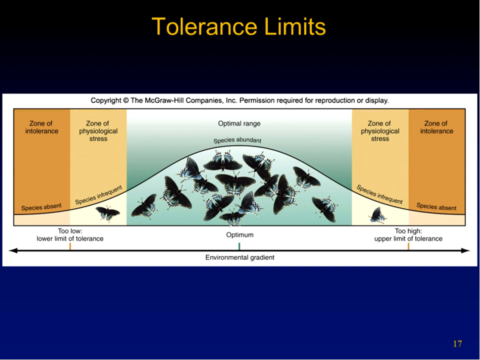Near the tolerance limits, abundance decreases because fewer individuals are able to survive the stresses imposed by those limiting factors. So what this basically says is that natural selection forces sort of an optimum range on species where they can be successful.